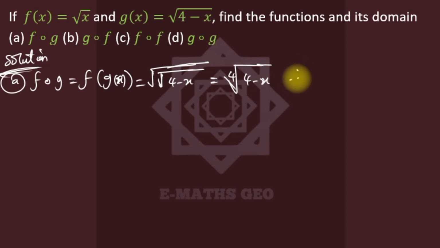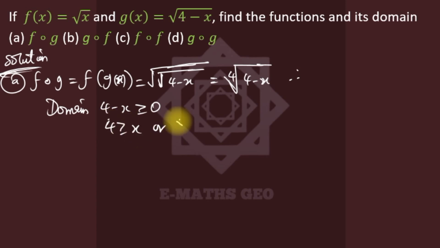So therefore the domain: for this to be defined, 4 minus x must be greater than or equal to 0. Yes, whatever is under the nth root must be a non-negative number. So we have 4 is greater than or equal to x, or x is less than or equal to 4.